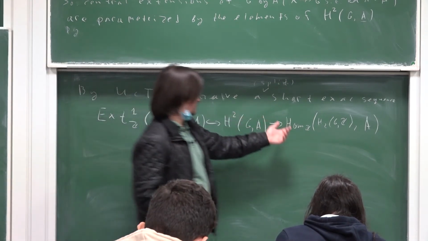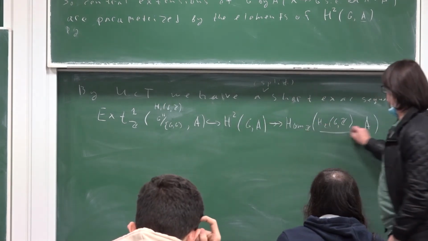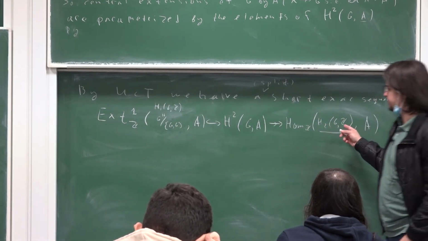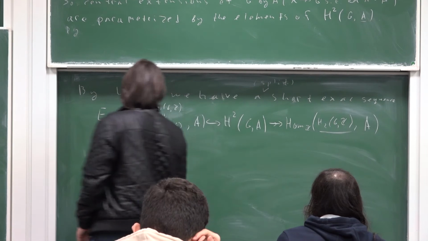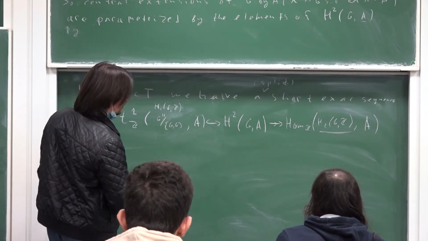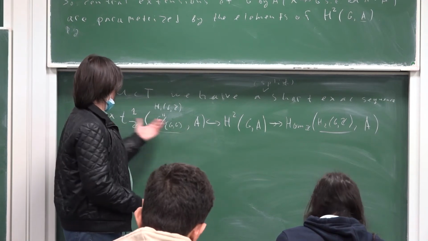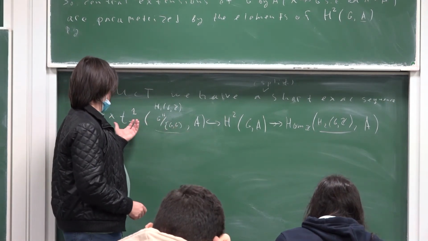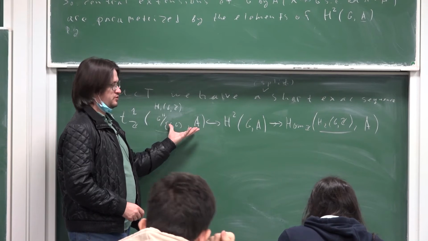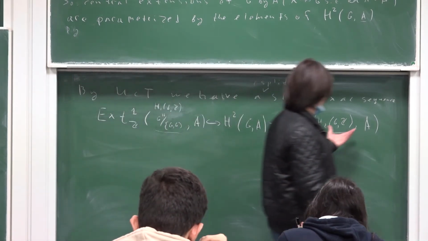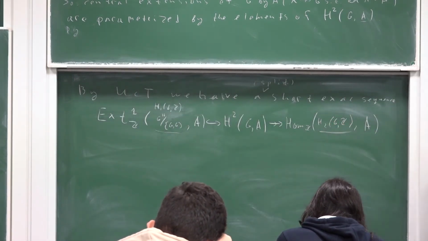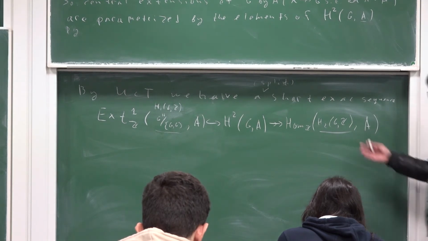If you know this, which doesn't depend on A, we can calculate it using G only. And this one is simply short exact sequences of modules, and this one is simply maps, homomorphisms.